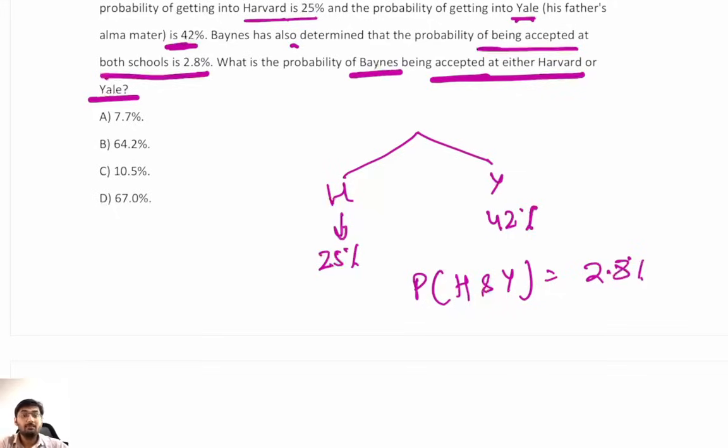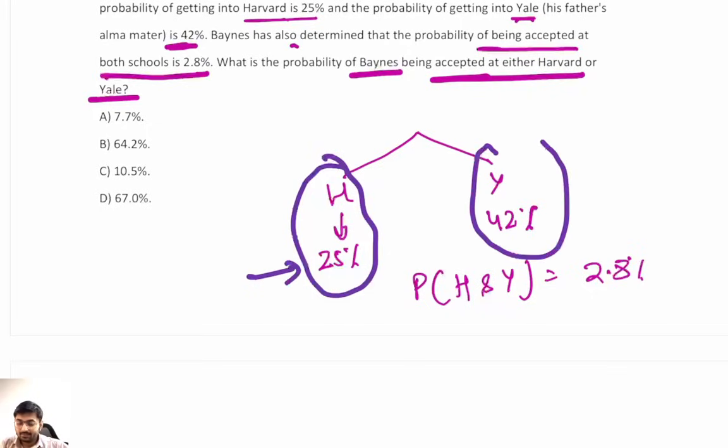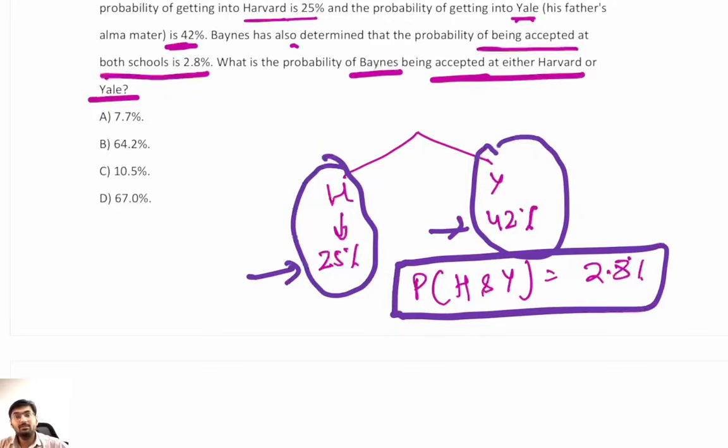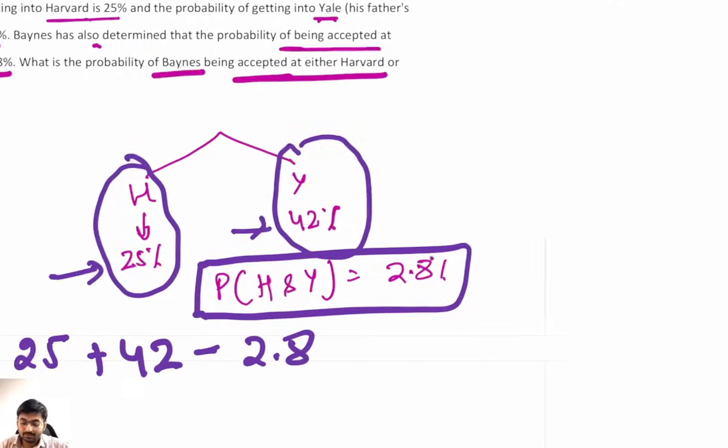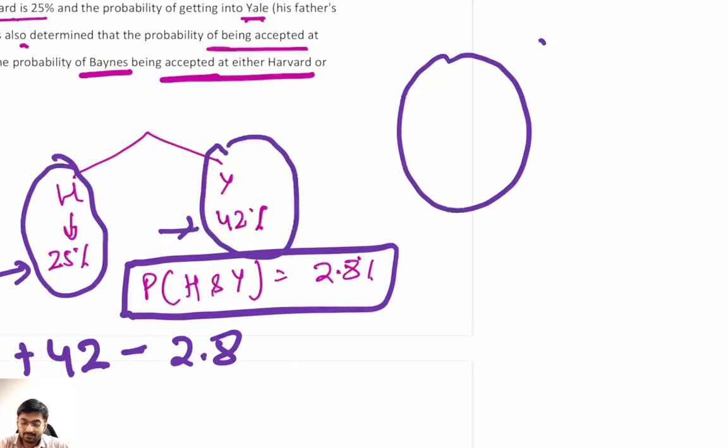So now what I'm trying to convey over here, sir, either he will select Harvard, this is the probability, or he will select Yale, this is the probability. Sir, there is one more probability, what if he gets admission in both? But I don't want this information. I want only the information that either he got admission in Harvard or Yale, not both. Clear? So what is the probability of getting in Harvard? 25. What is the probability of getting in Yale? 42. What is the probability of getting both? Sir, I want to remove that probability, because see, it's like this. It's a Venn diagram like this.